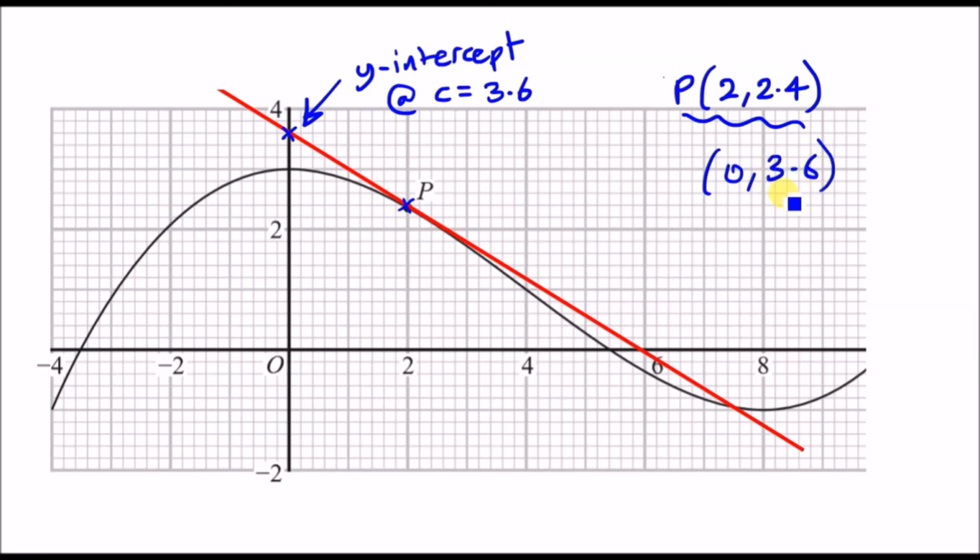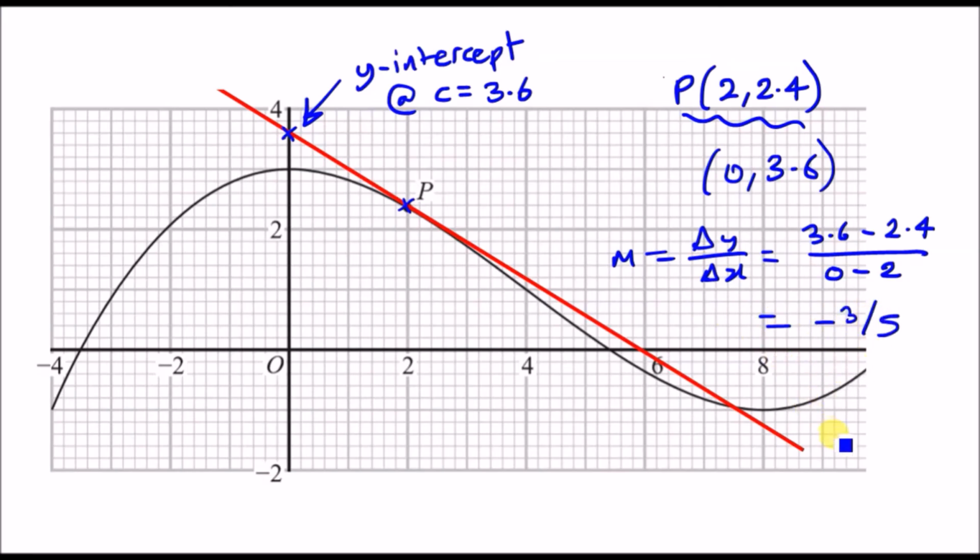And guys, the gradient is just literally the change in y over change in x. So m equals change in y over change in x. That's essentially the difference between the coordinates. So over here, the change in y is 3.6 minus 2.4 over 0 take away 2. If you put this in the calculator carefully, you should get an answer of minus 3/5 or minus 0.6.